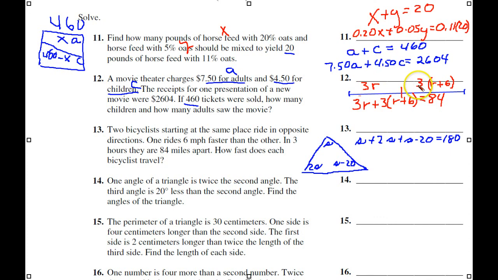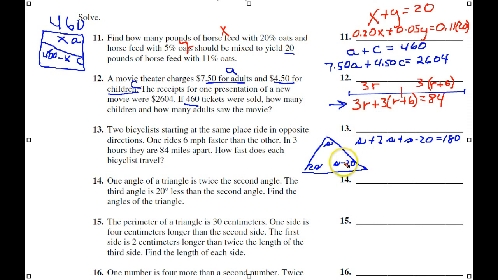This was 3 hours times the rate plus 6. And we had done this one before. So 3r plus 3 times (r plus 6) is your total distance of 84 miles. So here, instead of using two variables, we're just using one. And this is a technique we went over in chapter 2.